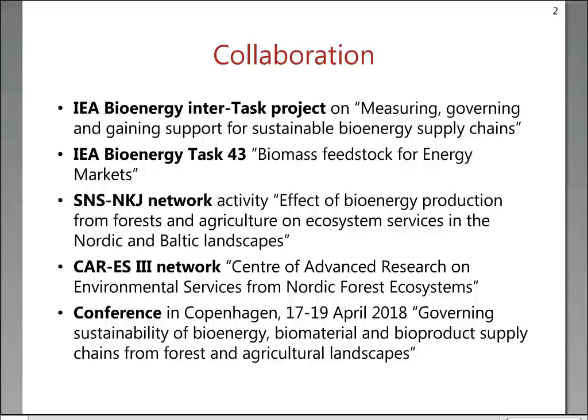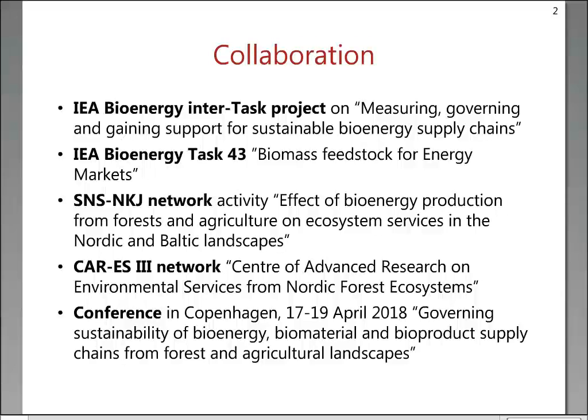And we were also really fortunate to link with other colleagues throughout Nordic and Baltic countries, and had a workshop in Copenhagen in April of this year. That conference in Copenhagen brought together colleagues from IEA Bioenergy, also from the SNS-NKJ network, which deals with the effects of bioenergy production from forests and agricultural systems on ecosystem services in the Nordic and Baltic landscapes.